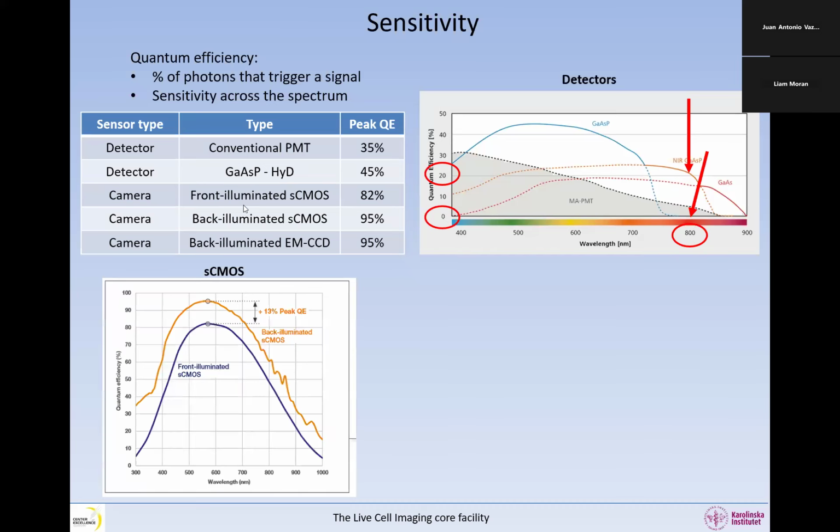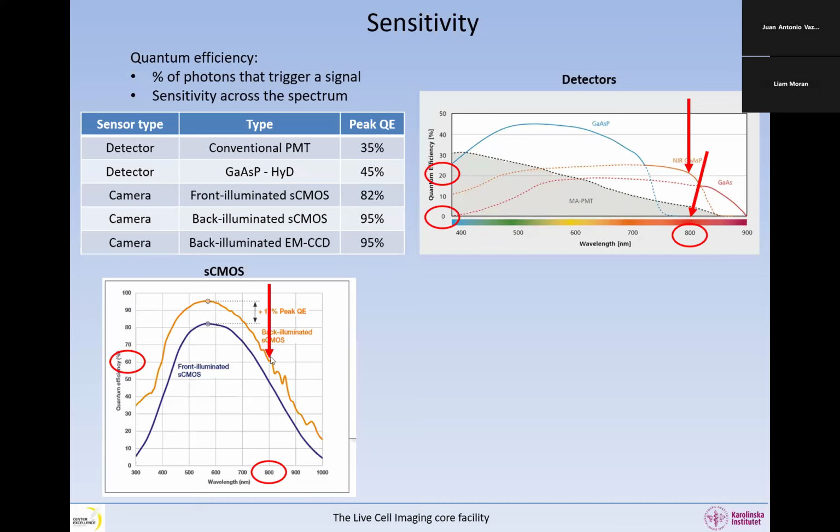And when we look at cameras, so sCMOS cameras, for example, we can see here that the quantum efficiency is very different. Now, notice that these curves are much more flat because the range is different. So we anyway have excellent quantum efficiency across the whole visible range. And also at 800 here, we would have, for example, 60% for this back-illuminated sCMOS.